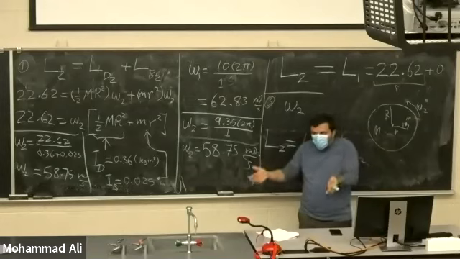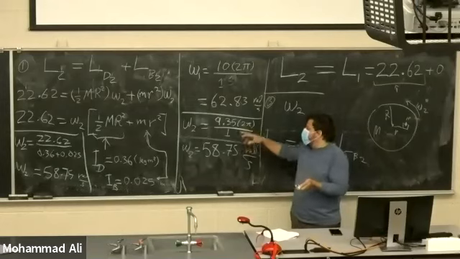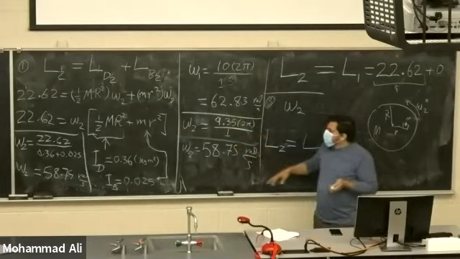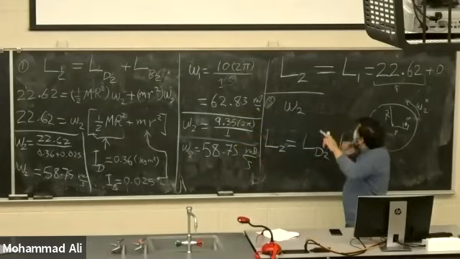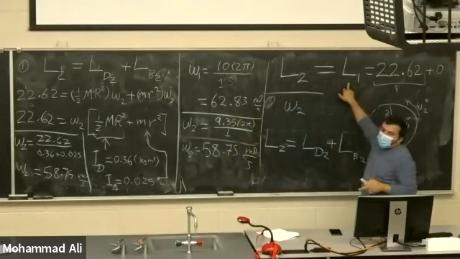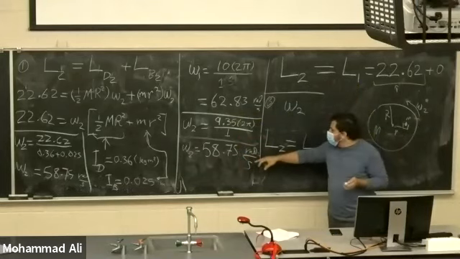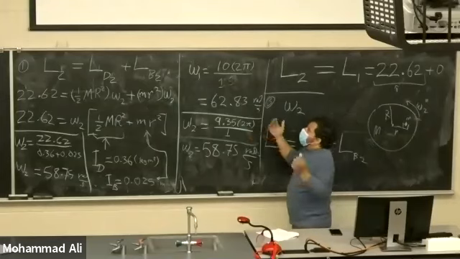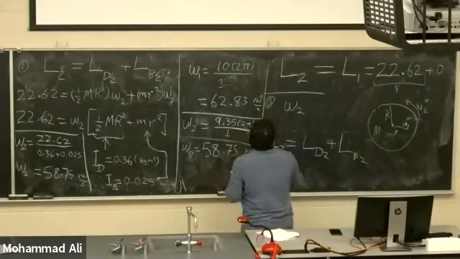So its rotational velocity, or angular velocity, comes to be slower, right? But the angular momentum is conserved. The velocity comes slower after the collision.